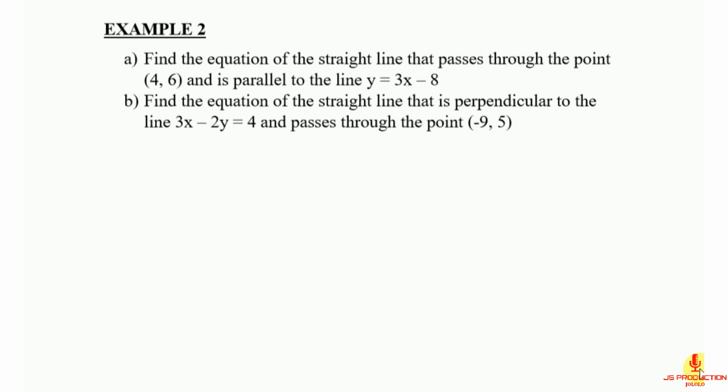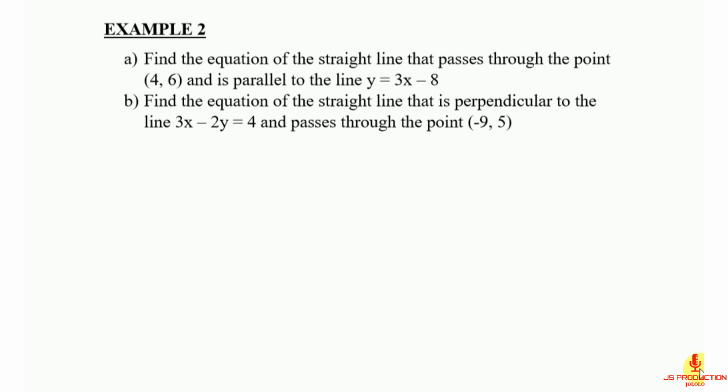Let us now look at example 2. Example 2a reads: find the equation of the straight line that passes through the point (4, 6) and is parallel to the line y is equal to 3x minus 8.